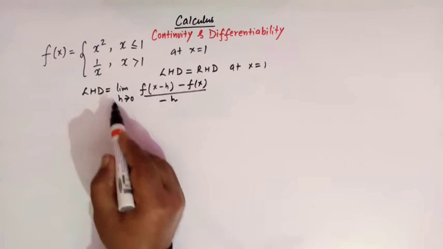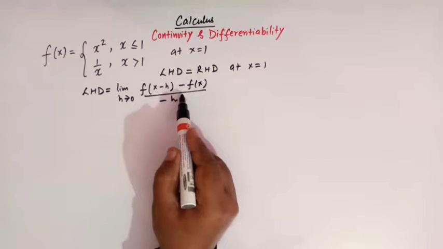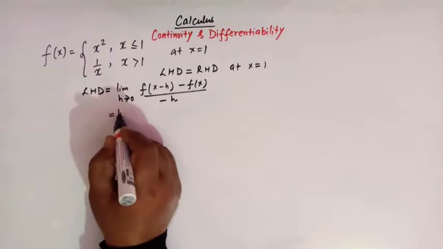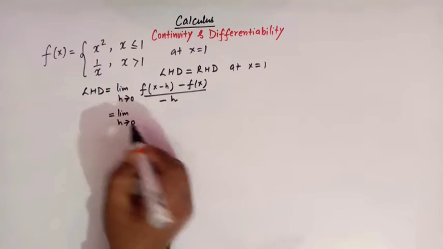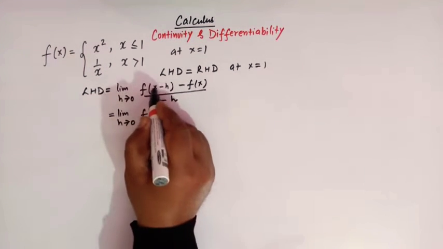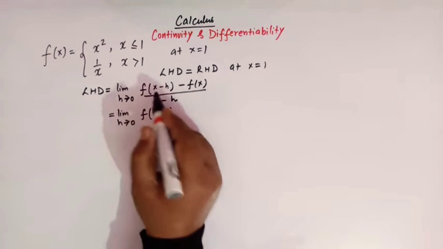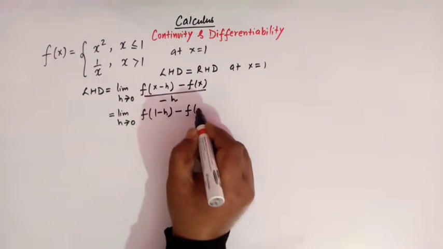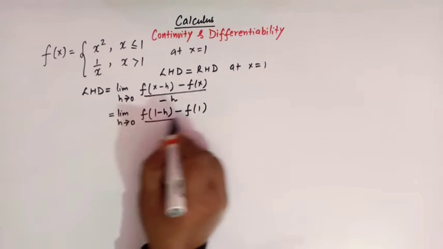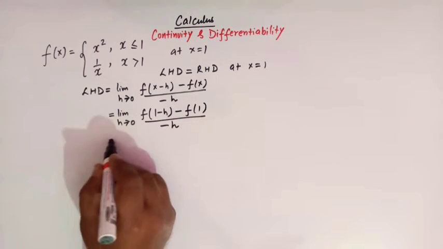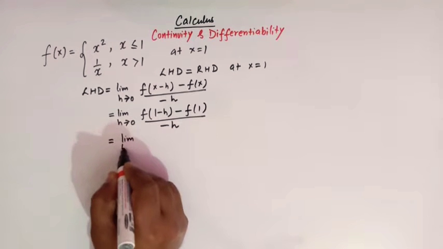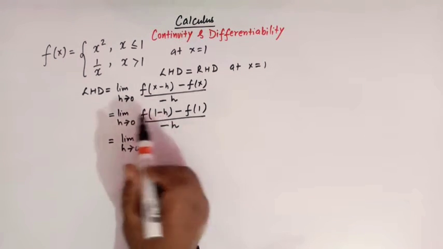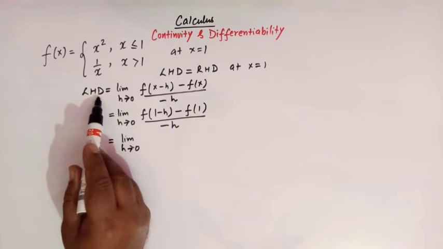So we have to evaluate this limit at x is equal to 1, right? So now this is limit h tends to 0 f of 1 minus h, because x is equal to 1, and here we have f of 1 divided by minus h, right? Now see here we have f of 1 minus h, and we are calculating the left hand derivative.